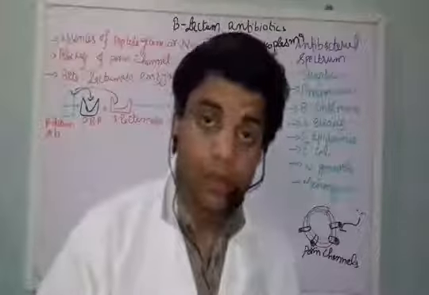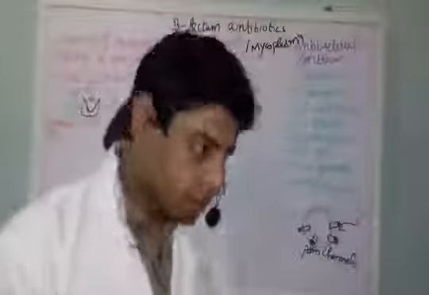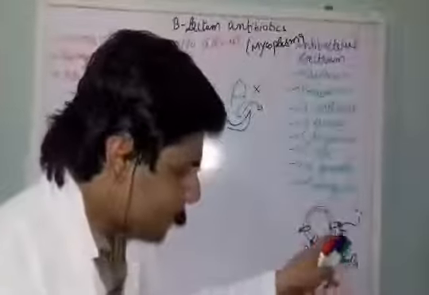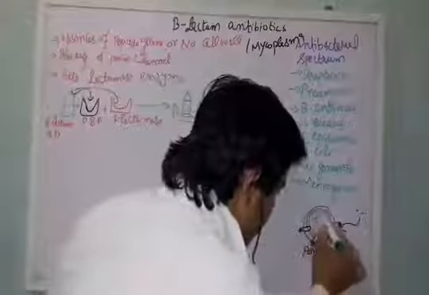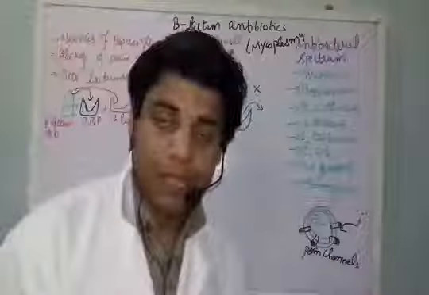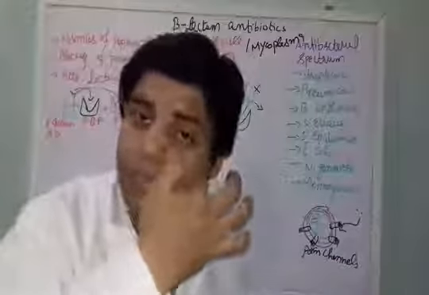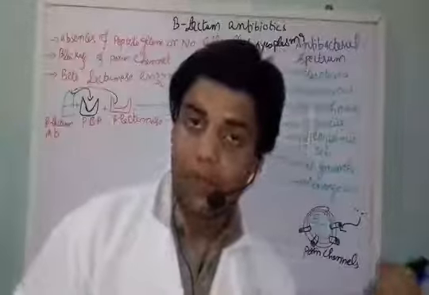But in case of gram-negative bacteria, all of you know that gram-negative bacteria have a periplasmic space. And what is the importance of this periplasmic space? They store the beta-lactamase enzyme in that area.